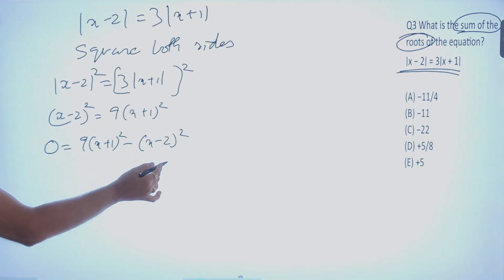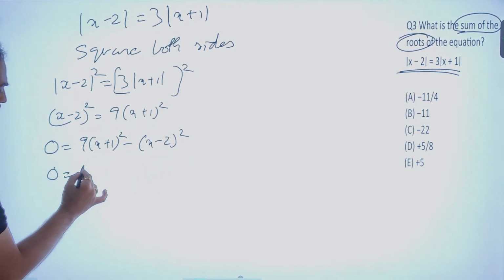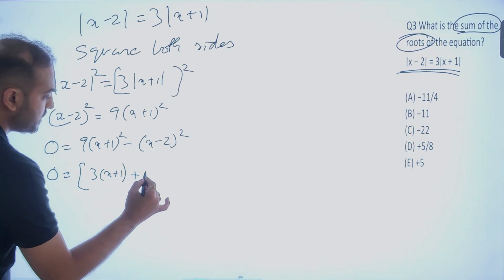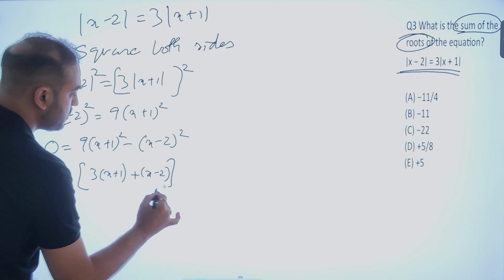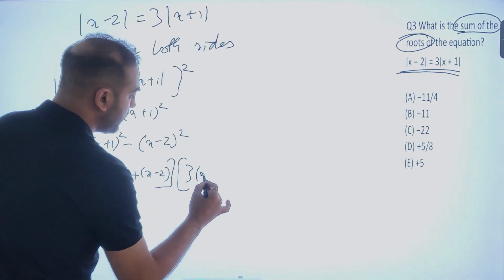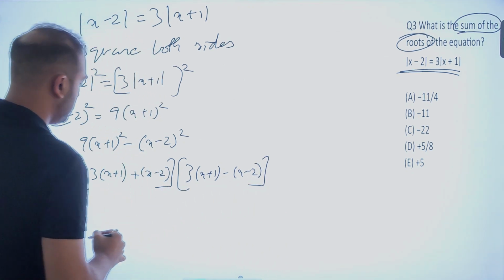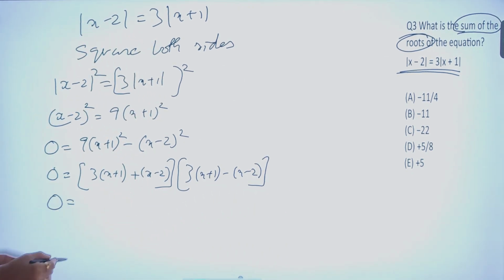You can apply a square minus b square. So that is 3 into x plus 1 plus x minus 2, and 3 into x plus 1 minus x minus 2, equals 0. a plus b into a minus b.